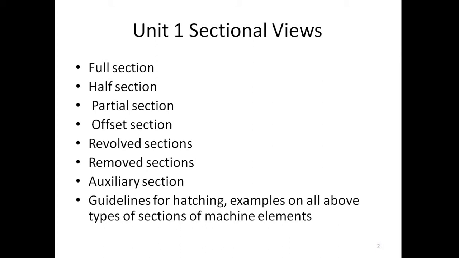Then revolved section, in which the cutting plane is taken and rotated at 90 degrees and the section is drawn. In case of removed section, the cutting plane is taken and that portion or geometry is drawn somewhere else. And now we are going to study auxiliary sections and some guidelines for hatching.